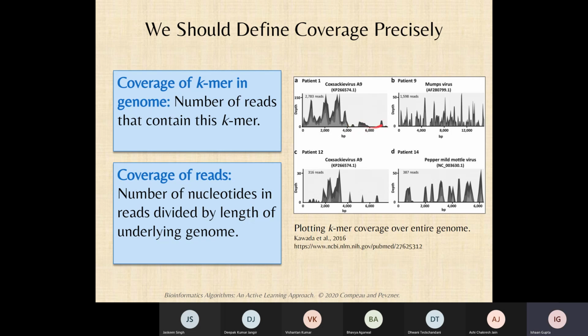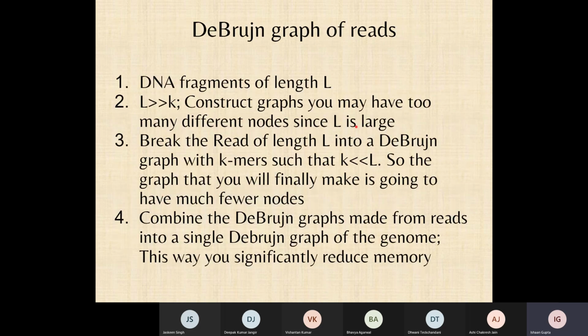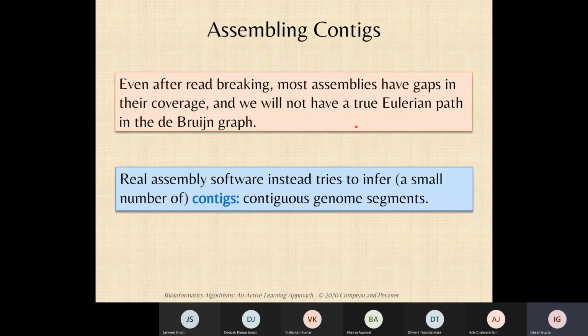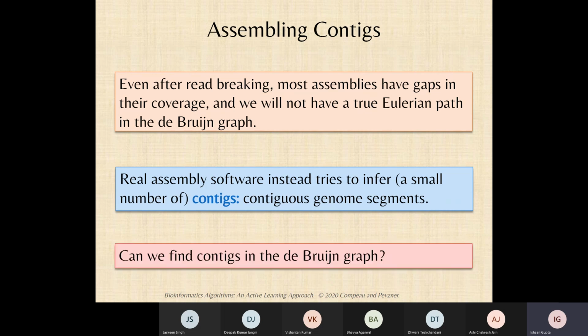Read breaking is not going to solve this problem because you don't have any reads from these regions. So the software being used right now tries to infer a small number of contigs rather than the entire genome itself. A contig is a contiguous genome segment which has good coverage.